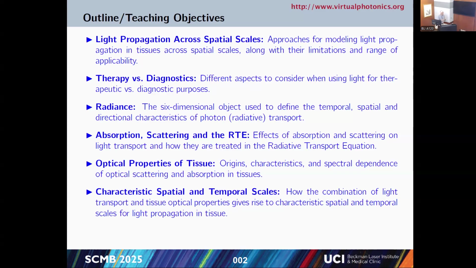And essentially that's what we have to solve if we want to have a complete description of a light field in a volume. And then what gives rise to that radiant field is essentially how the light interacts with the material, right?